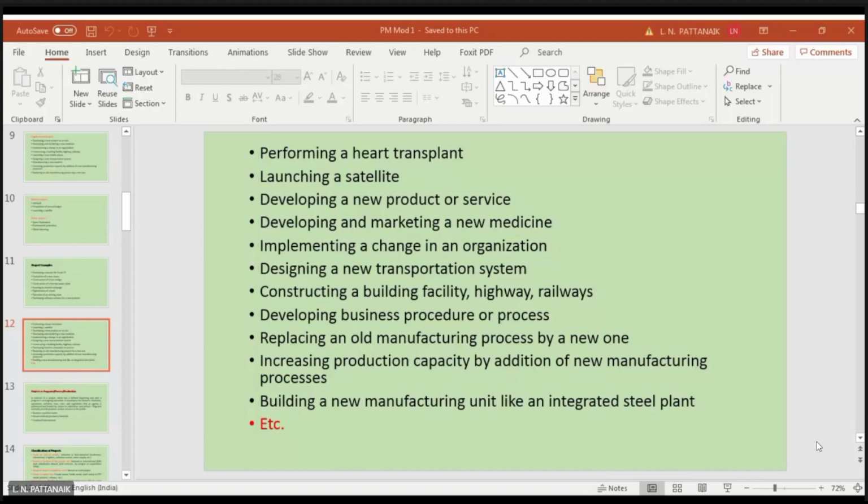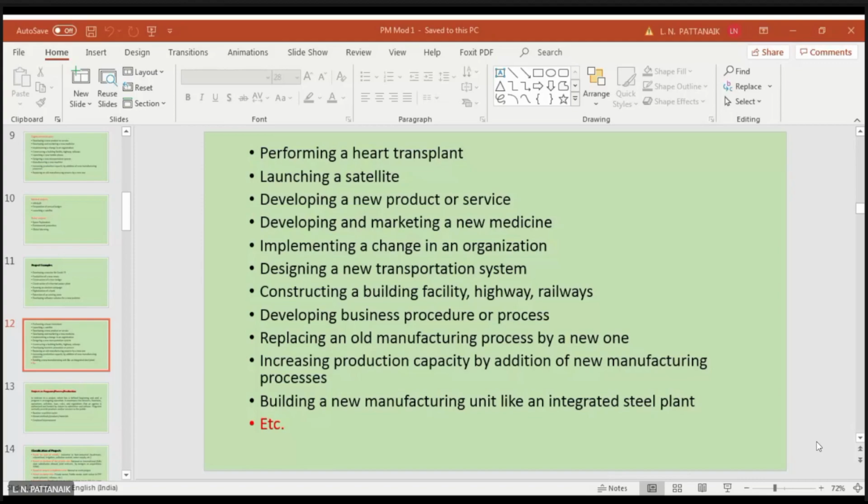It might have started in the mind of some policymaker: why don't we have a transportation system using electric vehicles? Then step by step it proceeds through a planning stage, then budget allocation, then a team works behind it, they design it, then they procure the vehicles. All these come under the project.